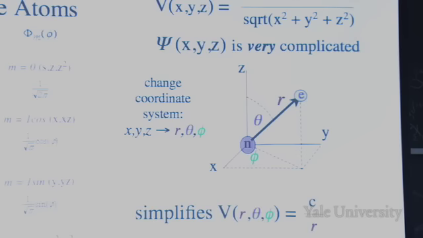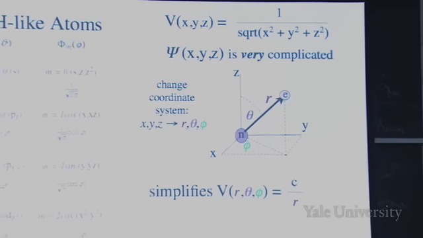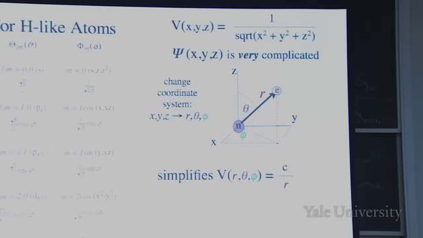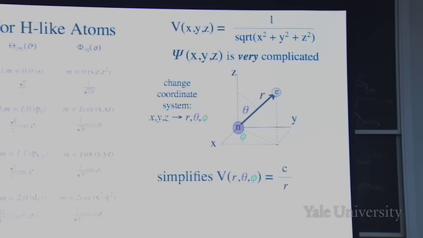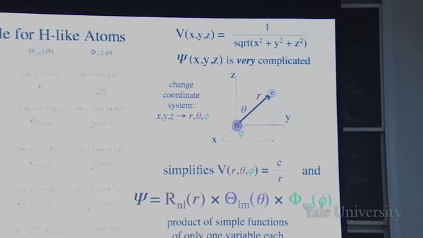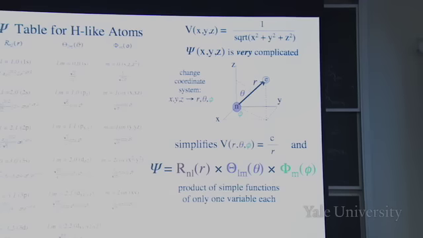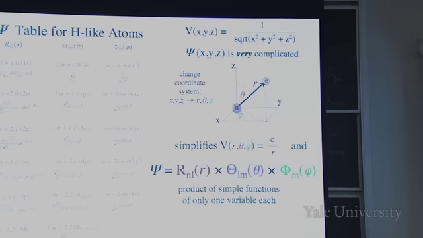Now, that simplifies the expression for potential enormously. Instead of being 1 over the square root of x squared plus y squared plus z squared, it's 1 over r, or some constant over r, okay? And what that means, and this is the mathematical payoff, is that the wave function can be written as a product of 3 functions, each of which is a function of only one variable.